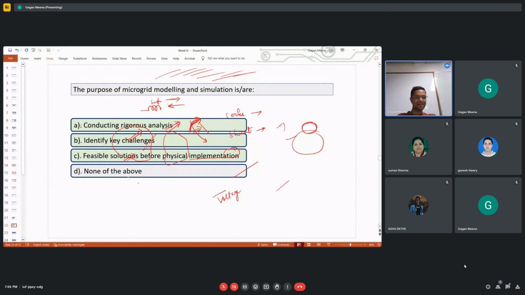Dynamic average models represent high switching frequency dynamics and allow a higher simulation time step for modeling larger microgrid cases. This we didn't discuss, but if you remember something from the lecture, can you answer based on that? Otherwise, I will explain that. What do you think?